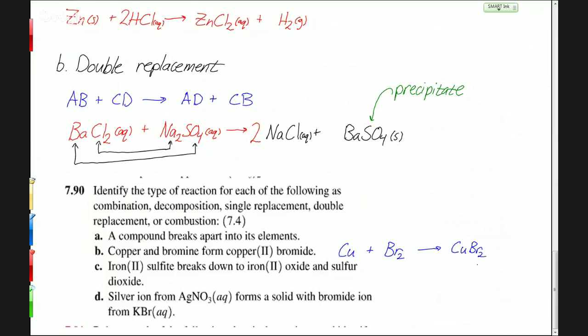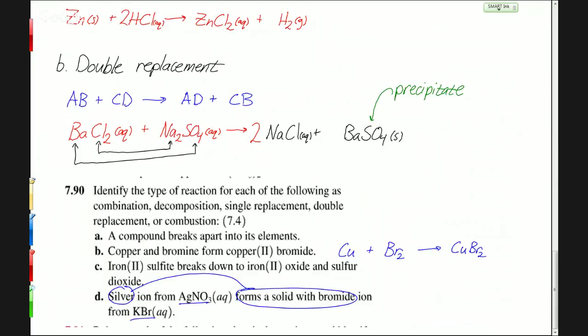And then D, a silver ion from AgNO3 forms a solid with bromide ion from KBr. What would that represent? Yeah, that's a double replacement. You see the two ionic compounds here, AgNO3 and KBr, and then the silver forms a solid with bromide.